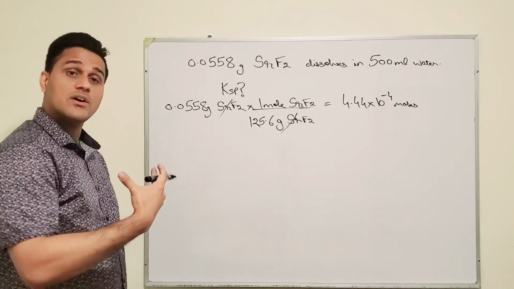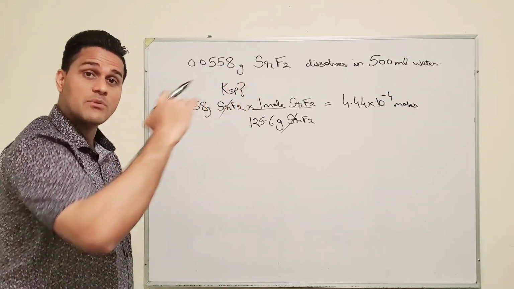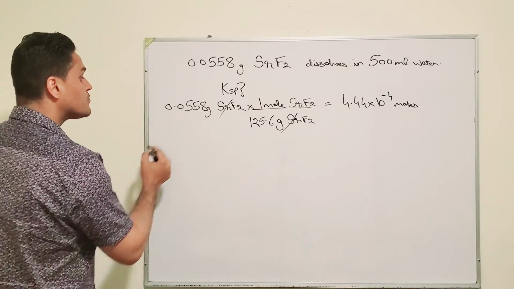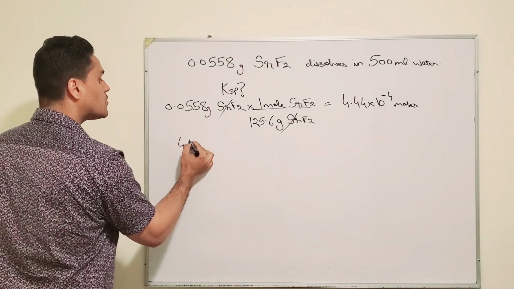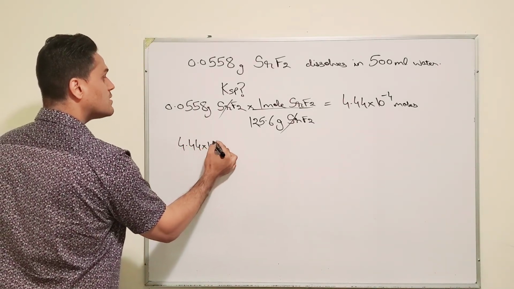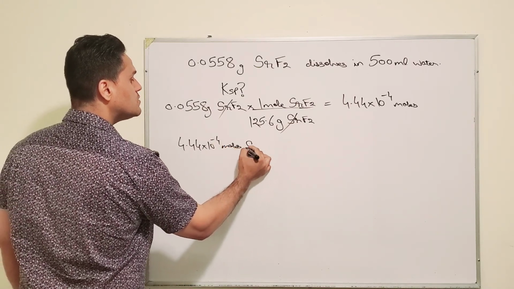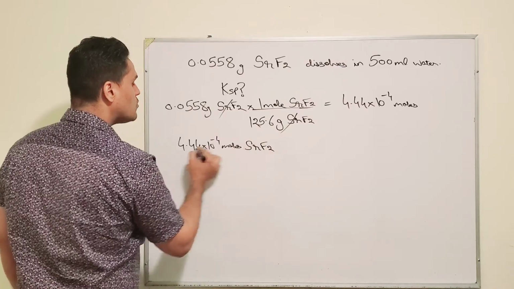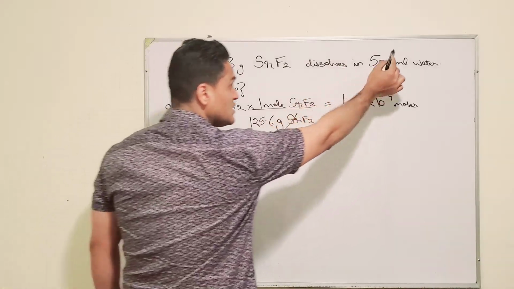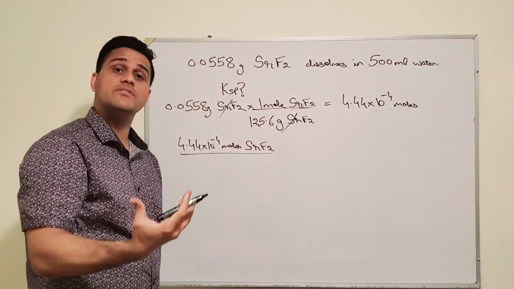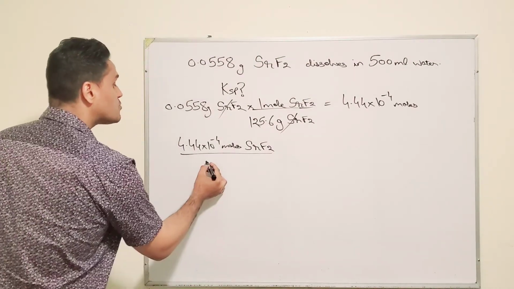Now guys, how do we get the concentration? We take our moles and we divide it by the liters, okay? So we have 4.44 times 10 raised to the power minus 4 moles of SrF2, and we're going to divide it by the liter. Well, it's 500 ml. What's 500 ml in liters? That's 0.5.